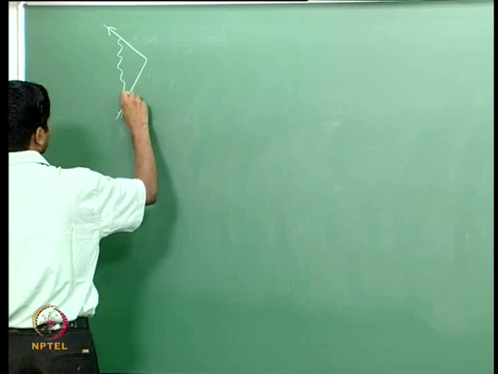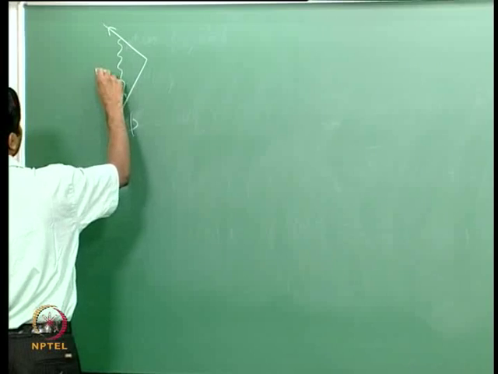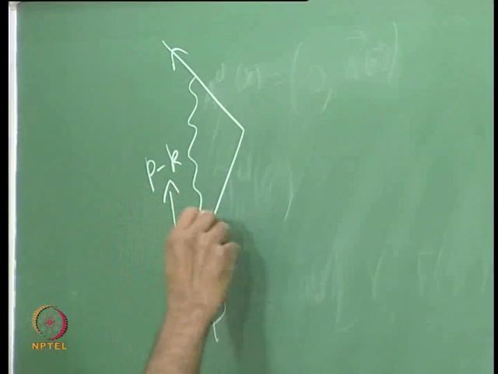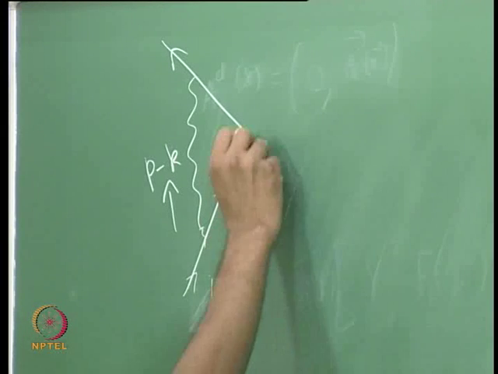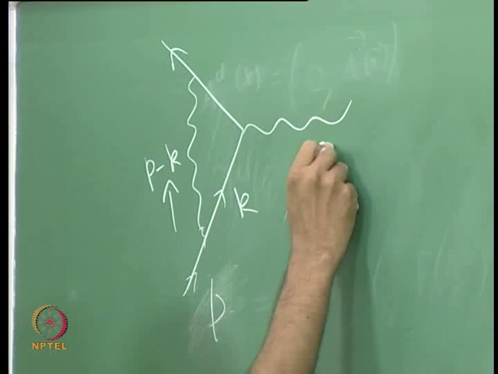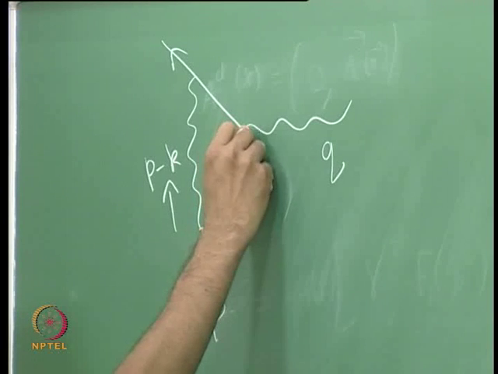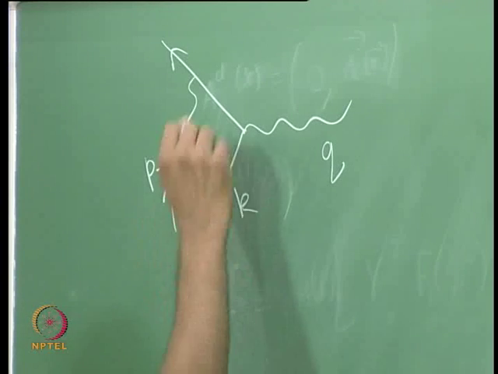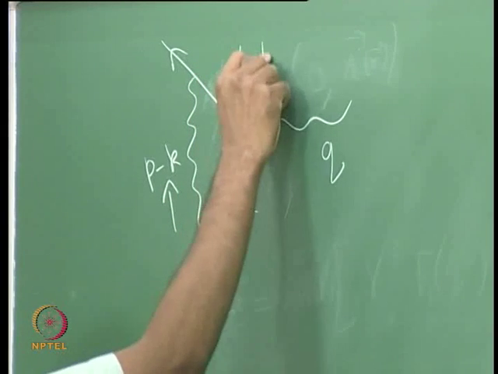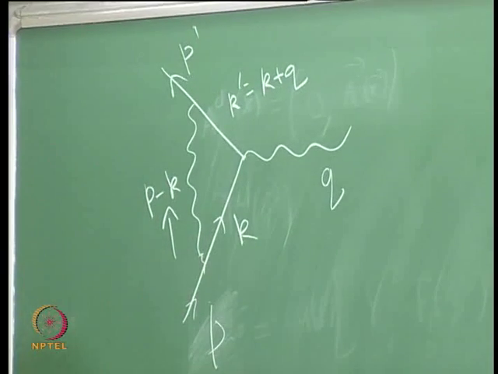It emits a virtual photon of momentum, let us say, p minus k. This is k. A virtual photon of momentum q is absorbed at this vertex, and finally you have k prime, which is k plus q. P prime is the momentum of the outgoing electron.